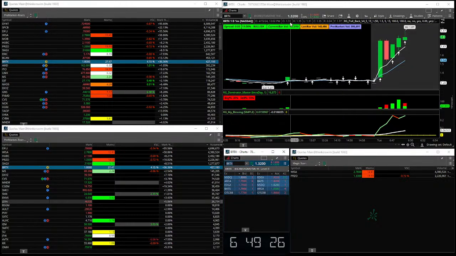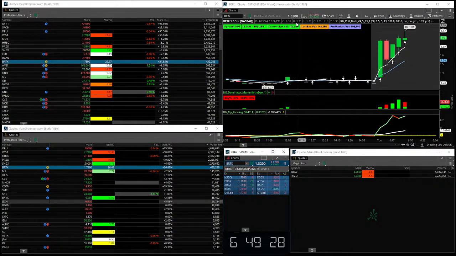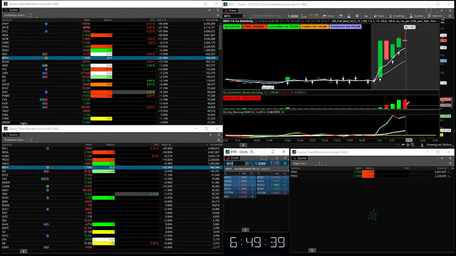Volume is nice. This is the kind of volume we want to see. Steadily moving, steadily buying. Don't like that red dominator bar. That's sellers taking profits.